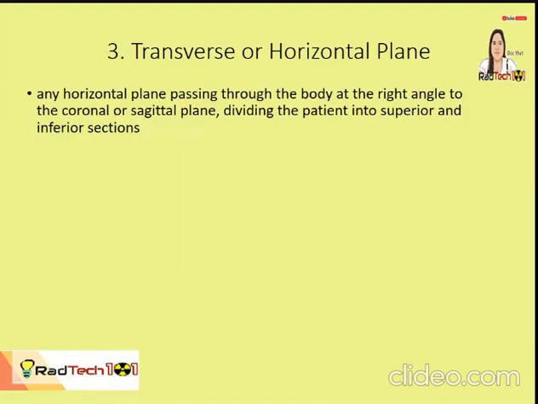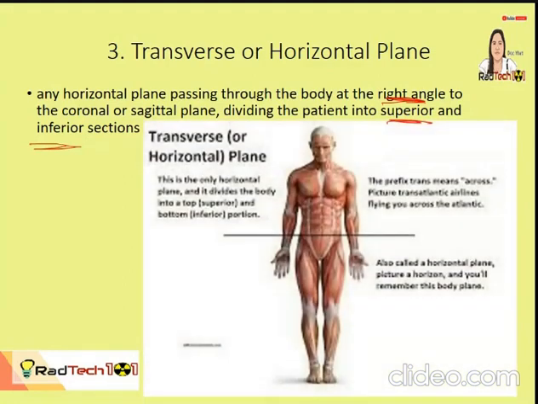Next, we have the transverse or horizontal plane. So, passing through the body at the right angle to the coronal or sagittal plane, dividing the patient into superior and inferior sections. So, superior and inferior. So, it is at right angle sa coronal or sa sagittal. So, this is the transverse.